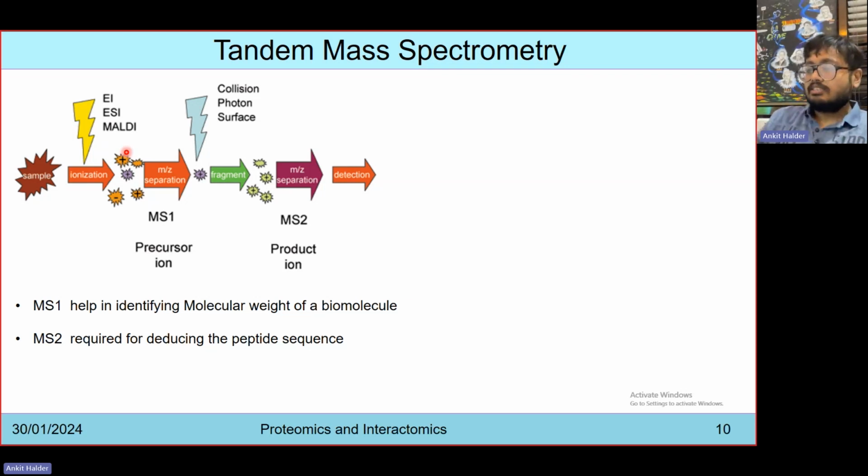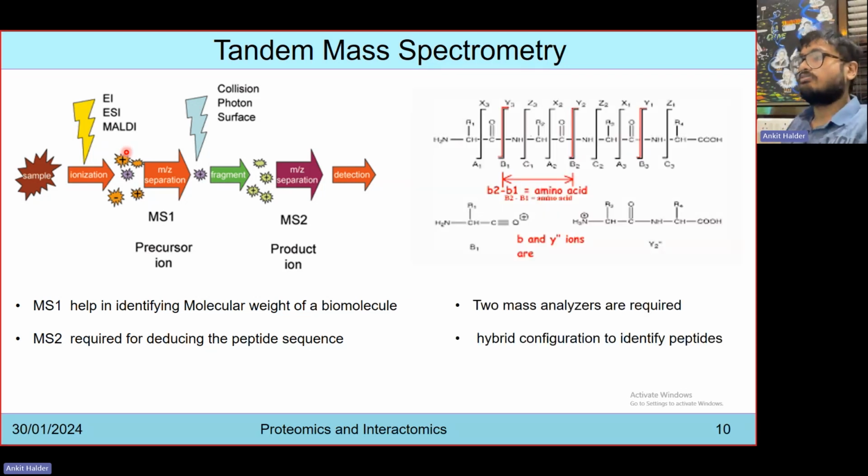That's why this second fragmentation is required: it helps us identify the particular peptides, match them to the protein they belong to, and see whether they contain any unique peptides belonging to that protein.